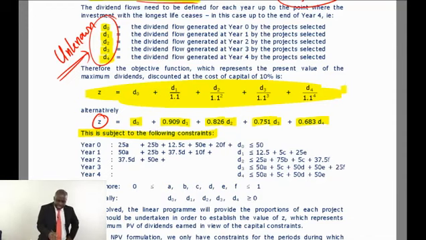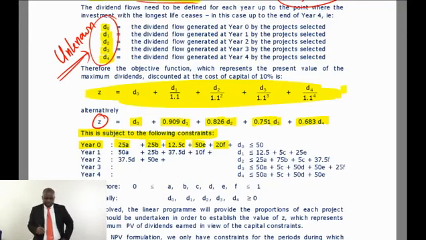If I start with year 0, just as we did with the NPV approach, I would need 25A plus 25B plus 12.5C, D was 0, so you can leave it out, plus 50E, these are the cash outflows in year 0, 20F, and then bear with me, the argument is we had 50,000 available.